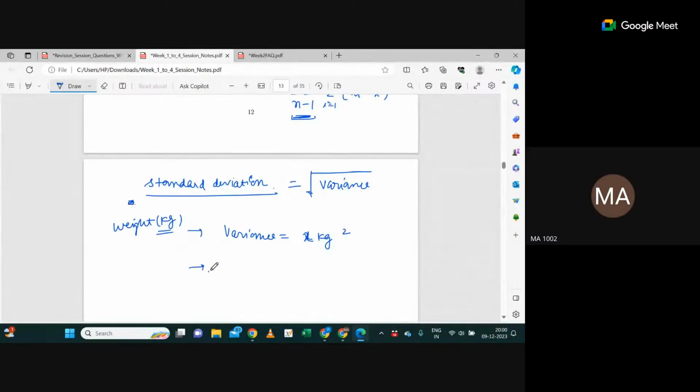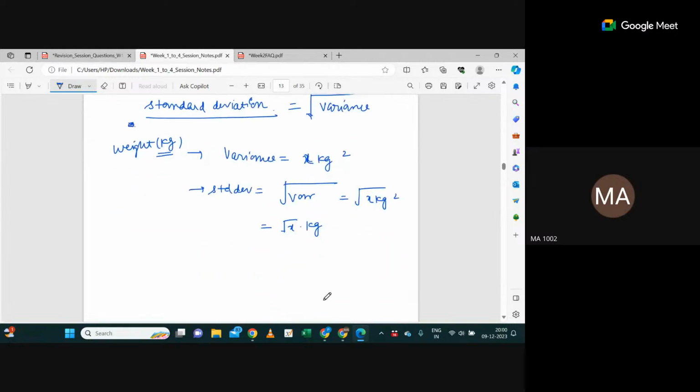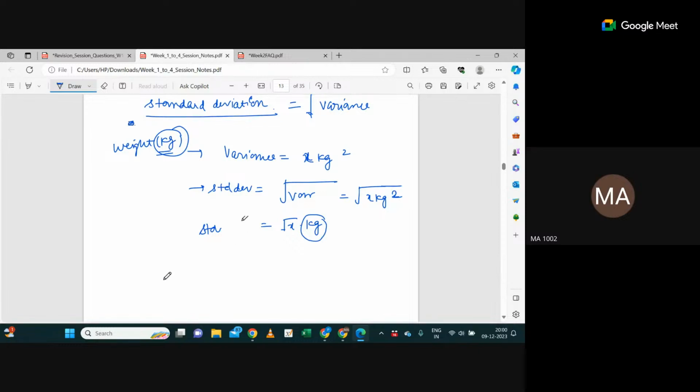If I take the square root of this variance, I get the square root of x kilogram square, which is the square root of x kilogram. Now for the standard deviation, the unit is the same as the original data set, so it's easy to compare with my original data set. That's why we take the square root. So standard deviation is nothing but the square root of the variance.